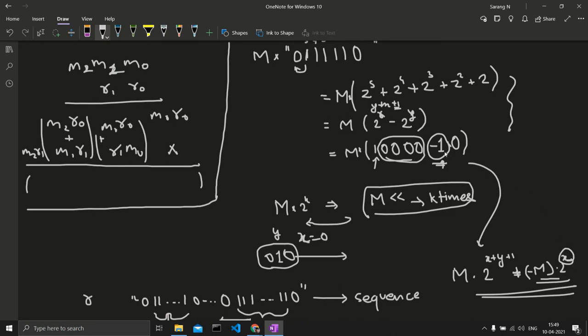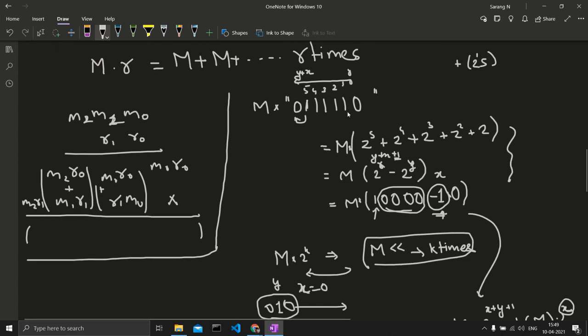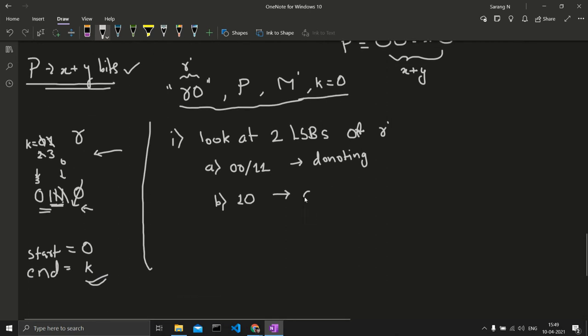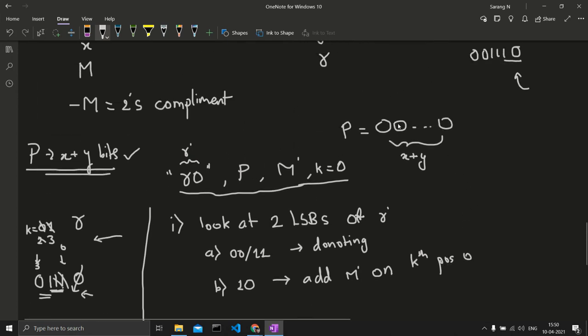Similarly, on the x position we have the start of the chunk, so we add minus m at that position itself. So let's say we have counter k, so we'll add m dash, the 2's complement of m, at the kth position. Add to what? We have to add to the product P.